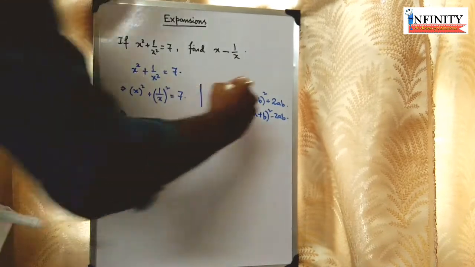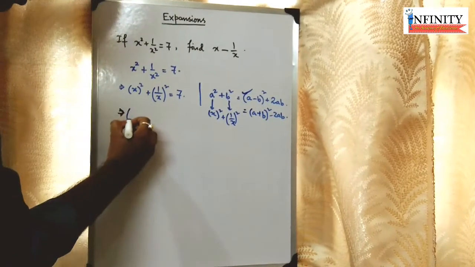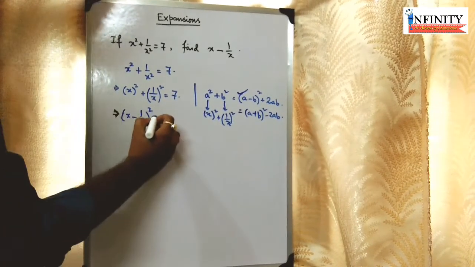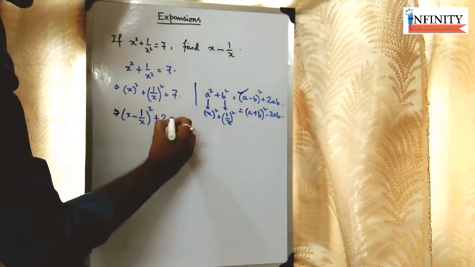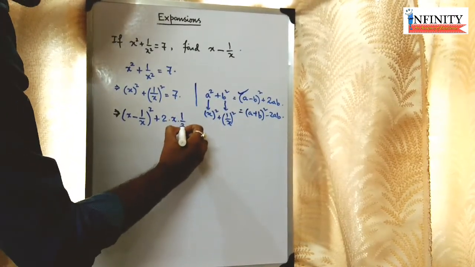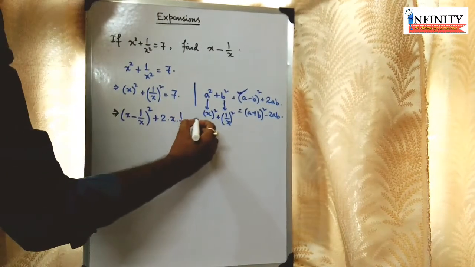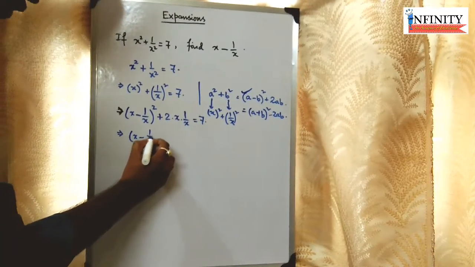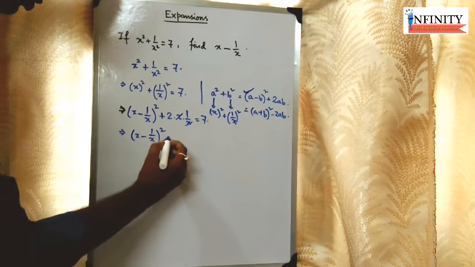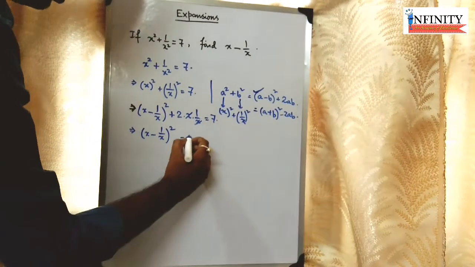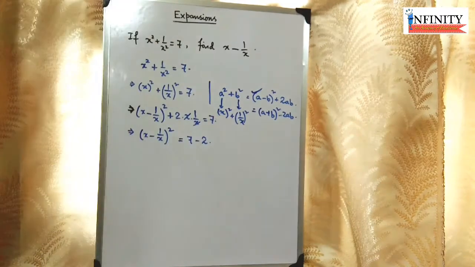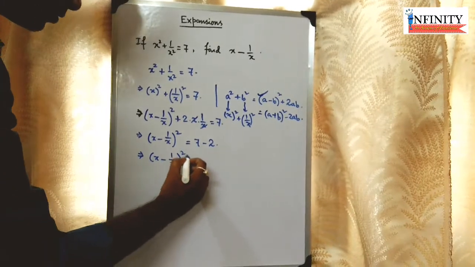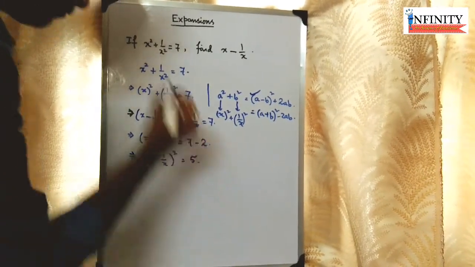So here we will use this formula, right? So here we can write x minus 1 by x whole square plus 2 into a means x, into b means 1 by x, right? That is equal to 7, correct? So x minus 1 by x whole square plus 2 equals 7. Then x minus 1 by x whole square is 7 minus 2, that is 5.